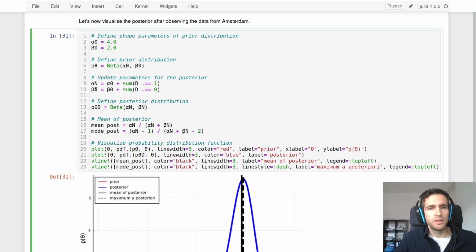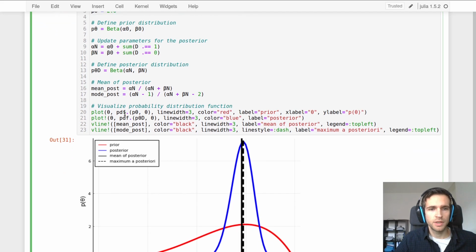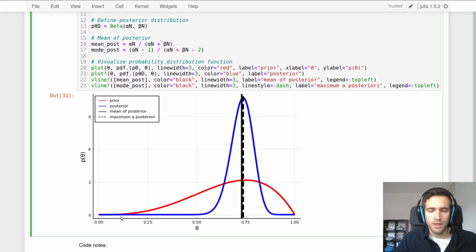And then we're updating the parameters after we made n observations, and they consist of alpha 0 plus the sum of the number of successes, so the sum of the data equaling 1, and beta n is beta 0 plus the sum of data equaling 0. That's the number of failures. So we once again feed these shape parameters to a beta distribution, and then we plot that distribution. That shows us this.